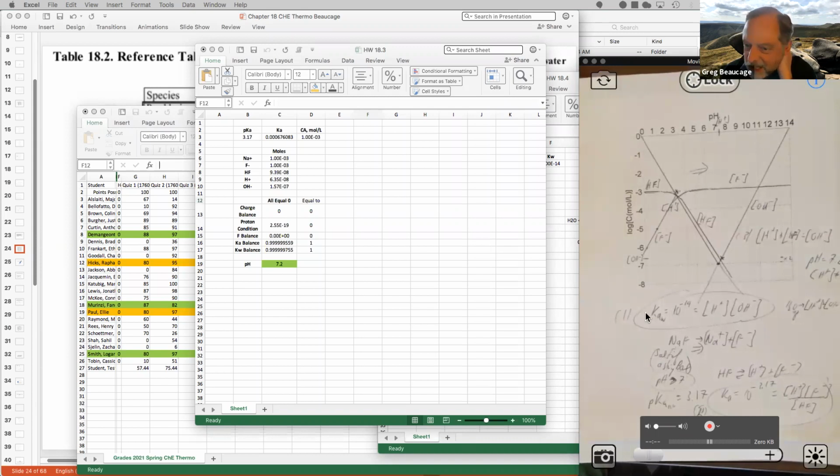His answer in the back of the book is like pH 3 or something, which isn't right. He gets pH 3 where the HF and the proton cross, which would be the solution if you had a strong acid. But you don't have a strong acid.